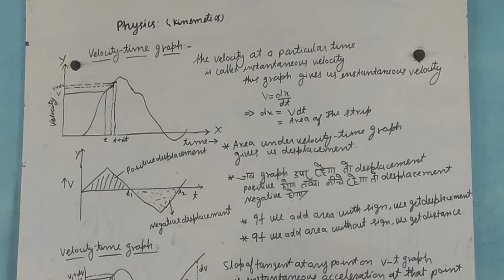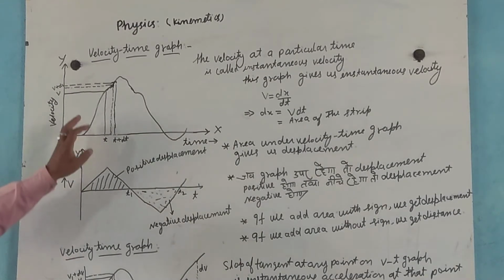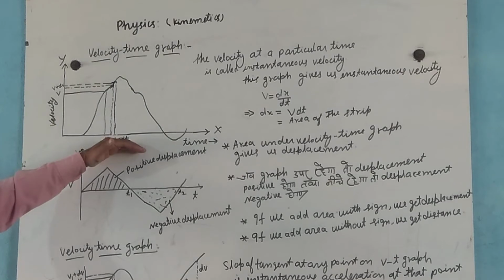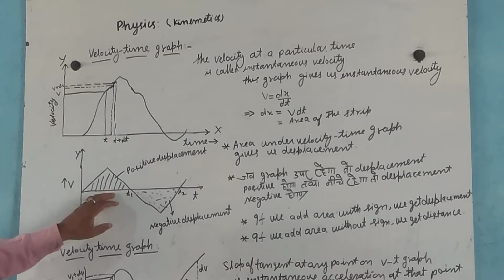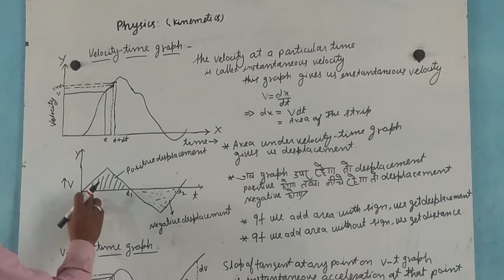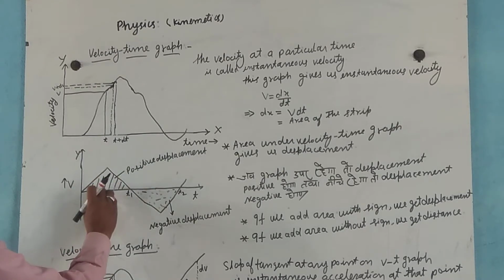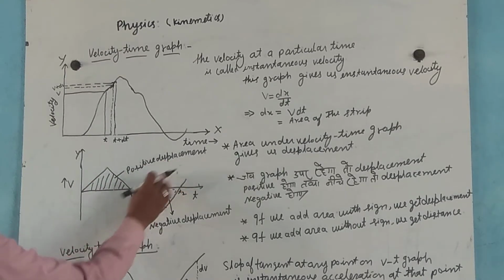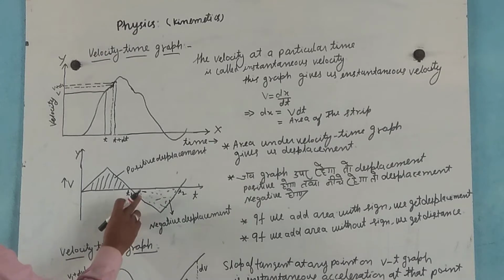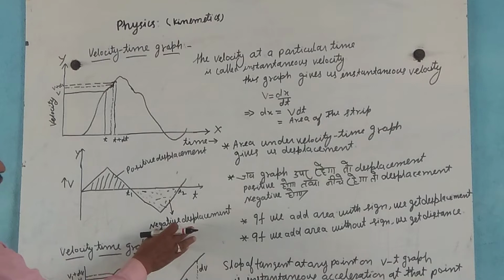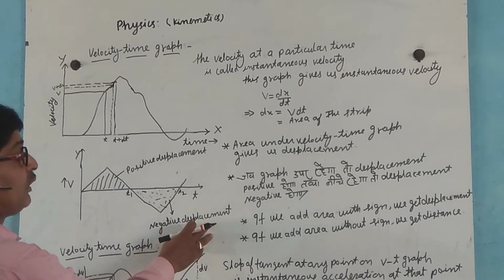जब ग्राफ ऊपर रहेगा तो डिस्प्लेसमेंट पॉजिटिव होगा, जब नीचे आएगा तो निगेटिव होगा. Here, in this case, the upper side denotes positive displacement, and the lower side denotes negative displacement.